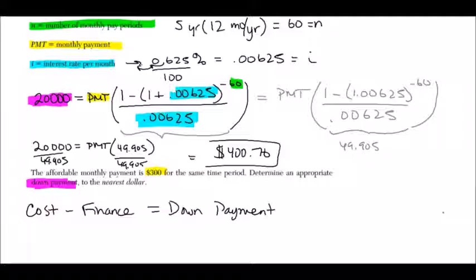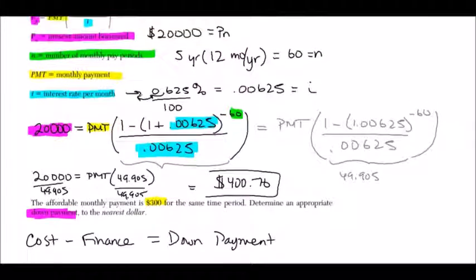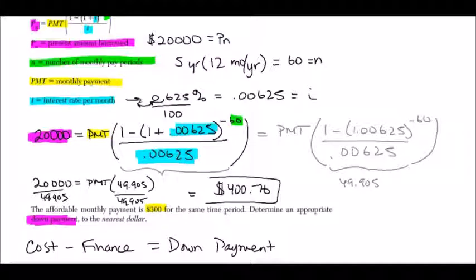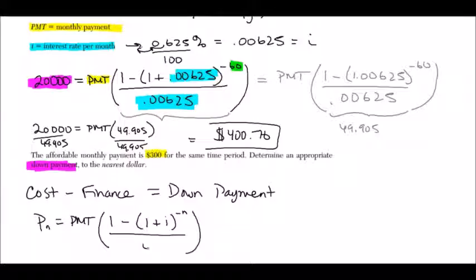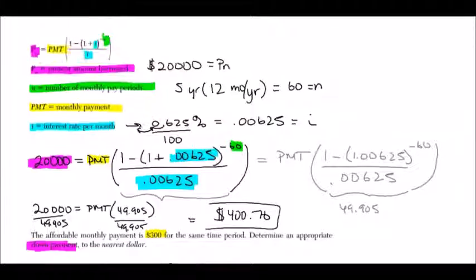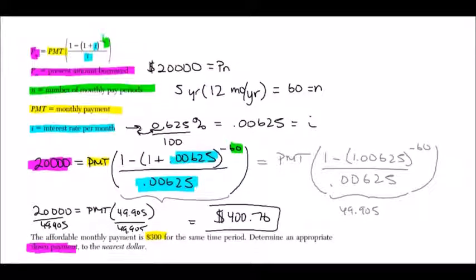So basically what we want to do is figure out the entire cost of our financing, the present amount being borrowed. So now this is just going to be Pn equals PMT times 1 minus 1 plus I to the negative n, all over I. You can see I just copied that equation from there.